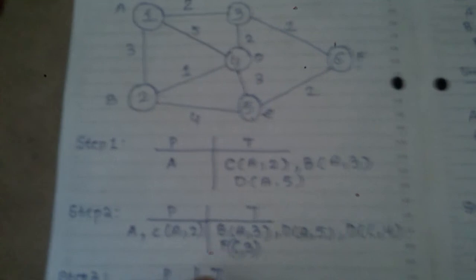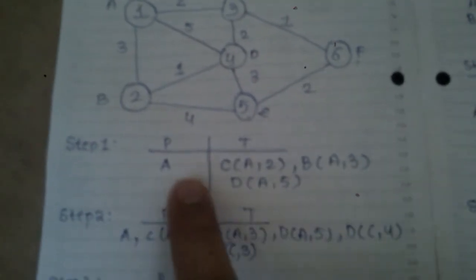Then for the second step, first we will select from the permanent A, and from the temporary the shortest, which is C, A, 2.